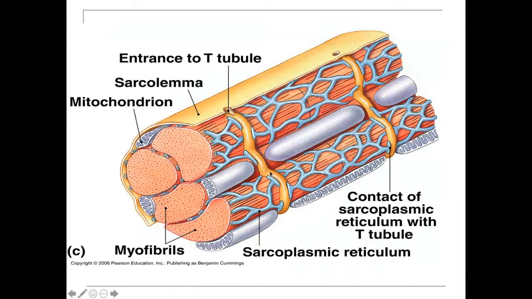So the impulse is going to travel down this transverse tubule and relay to the bluish mesh-like network of fibers here. That's called the SR, or the sarcoplasmic reticulum. The SR is really important because it stores a very, very important mineral called calcium. Calcium is stored in the sarcoplasmic reticulum.